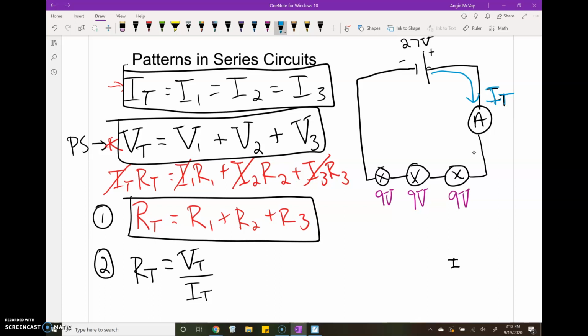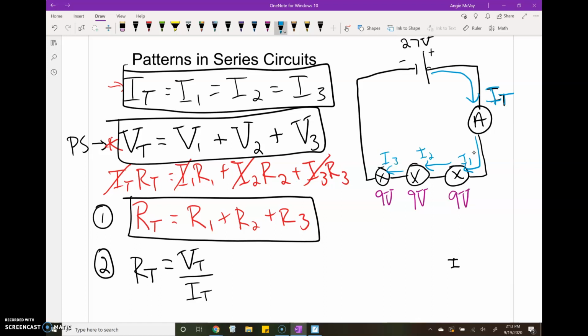Now, where is that current? Current is the charge flow rate. Now, you can also think of current like water, right? Is there any place else for this current to go? Right, so this would be the current flowing through light bulb 1, the current flowing through light bulb 2, the current flowing through light bulb 3.